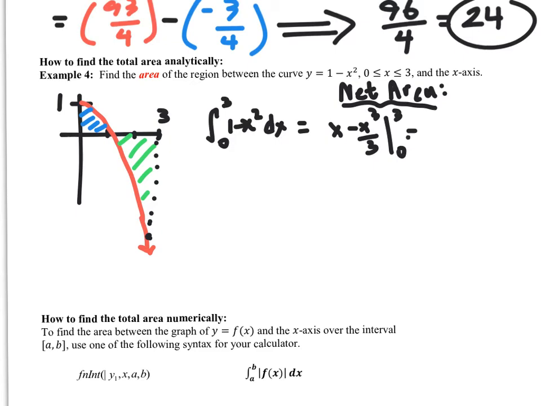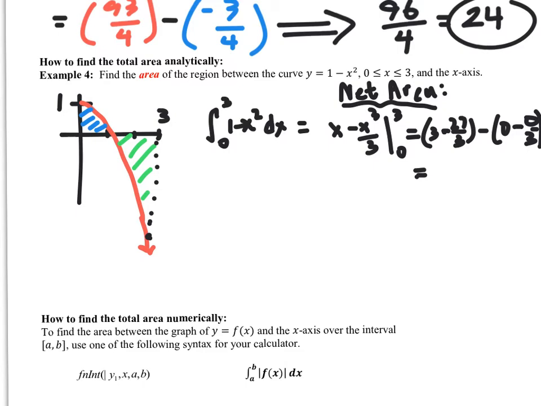Okay, and this is just something we've done already, so we would take f of b, which would be 3 minus 27 thirds, and subtract 0 minus 0 thirds, and what we get, I believe, is 3 minus 9, right?